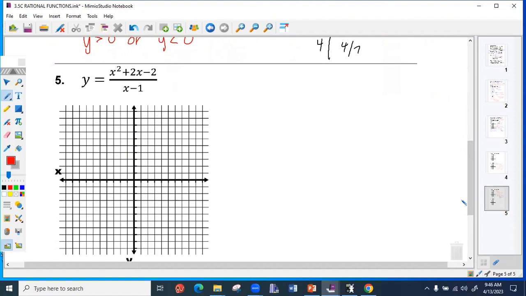All right, the other one is another example of a unique rational when you graph. This one, we're going to go straight to the calculator to graph after we find our asymptotes. This is an example of something you cannot factor. Is there anything that multiplies to give me -2 but adds to give me +2? The answer is no. This is fully factored, so I know that there are no holes.